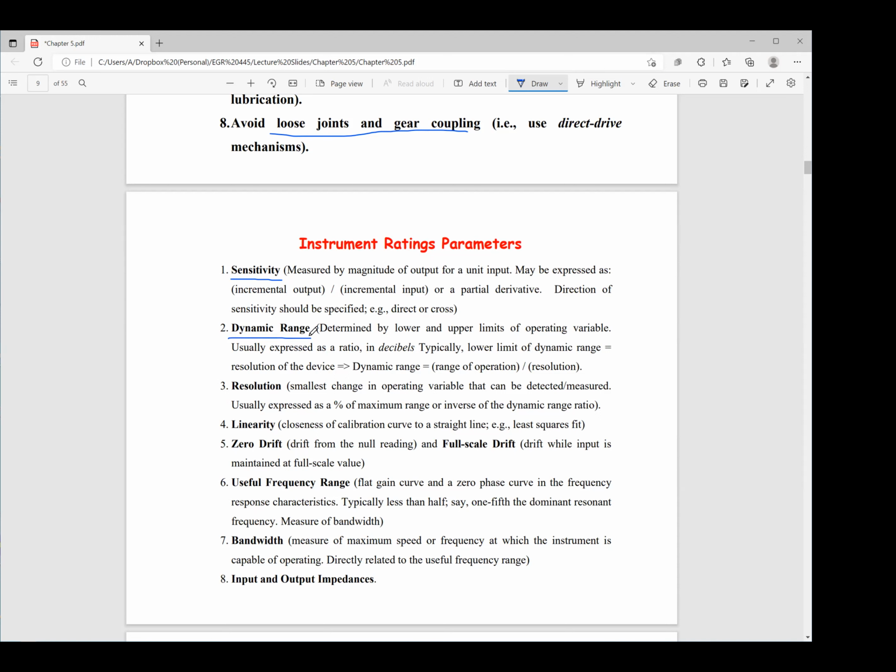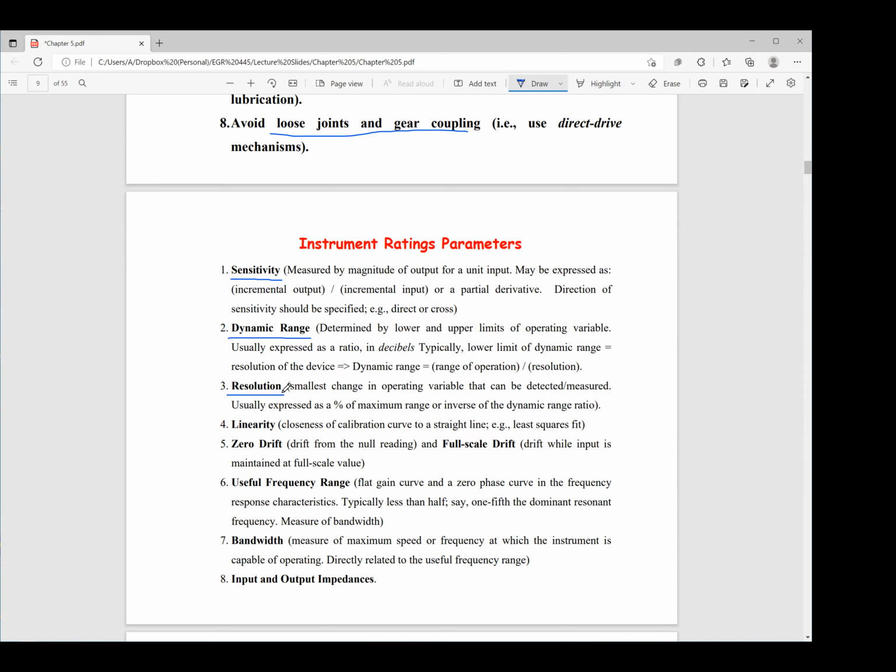I'll give you a very simple example. If you have a tire pressure gauge, you cannot use that to measure the pressure inside the internal combustion engine, because the pressure inside the internal combustion engine is varying very fast, and the simple tire pressure gauge will not be able to measure that pressure accurately.